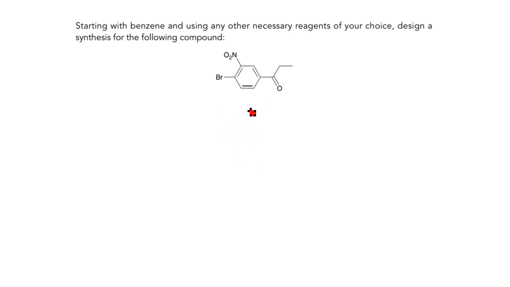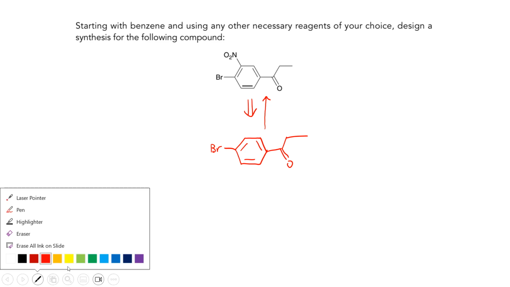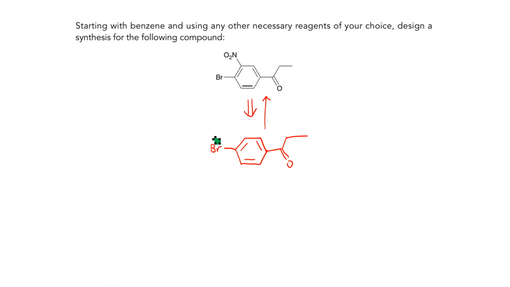Well, what's the only other option? The only other option is removing the nitro group first. Okay? So can we get the nitro group going from here to here? Well, let's ask ourselves, the Br, is it an activator or deactivator?